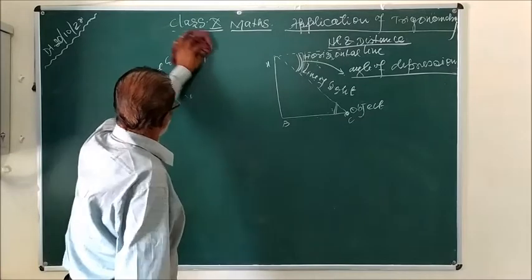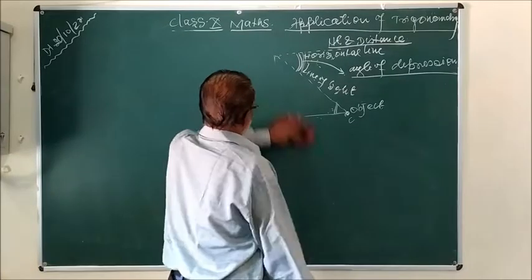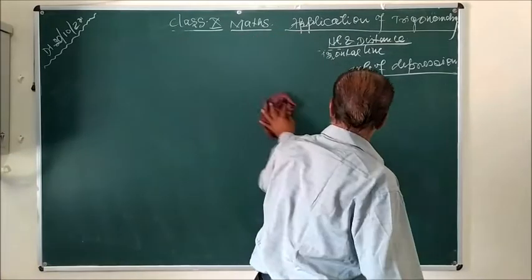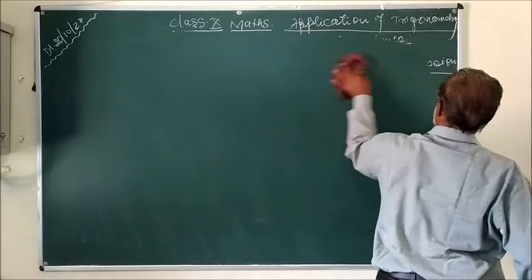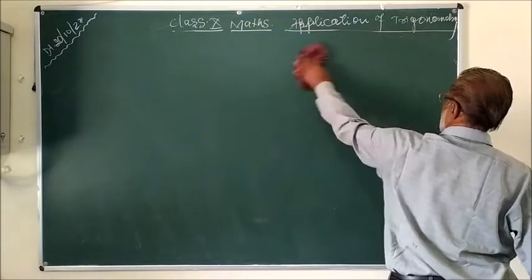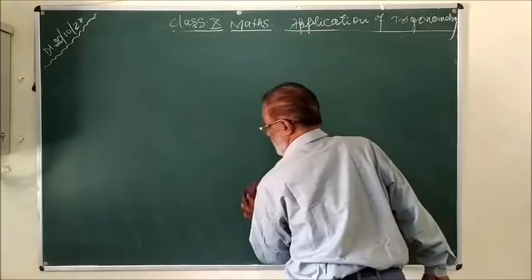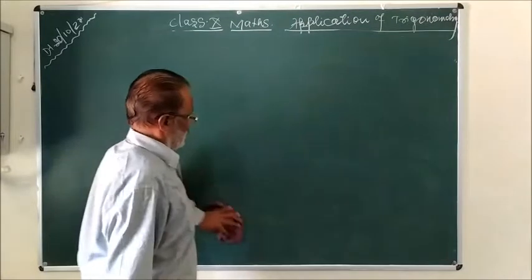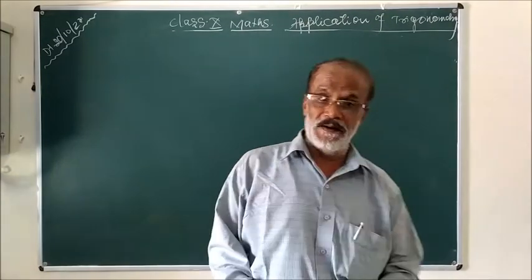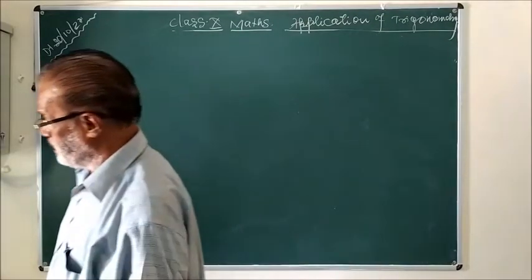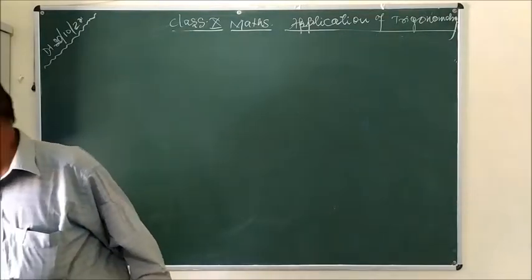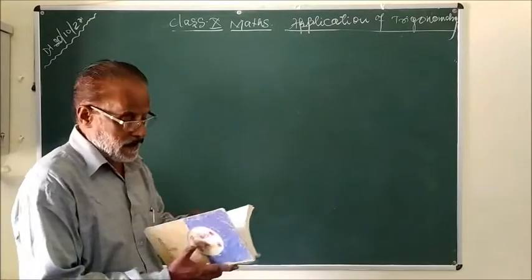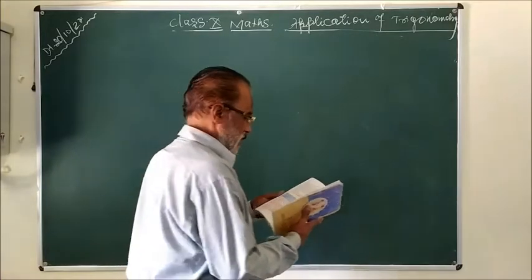As I told you, height and distance is very, very interesting because with the help of trigonometry, you can find the height of any tall building without actual measurement. You will understand better with an example or a question.